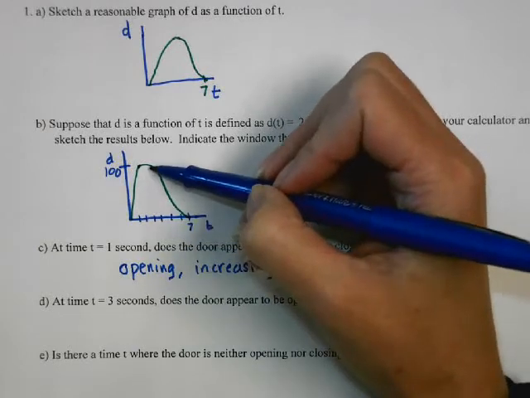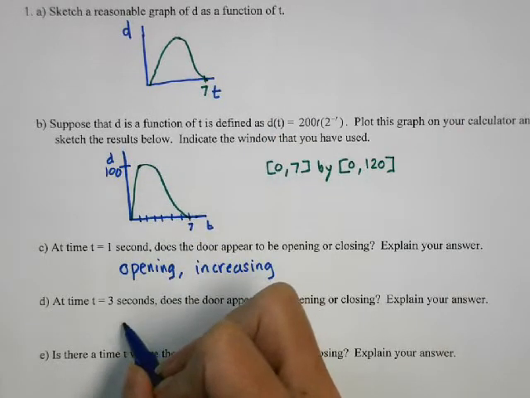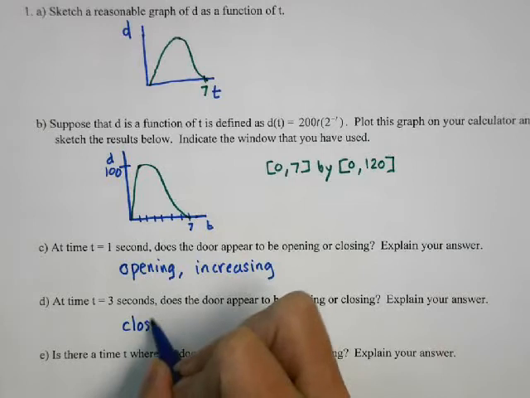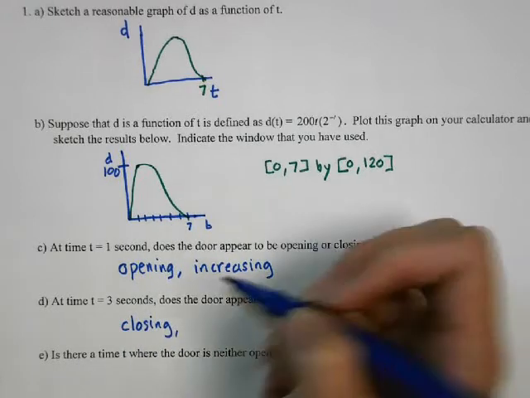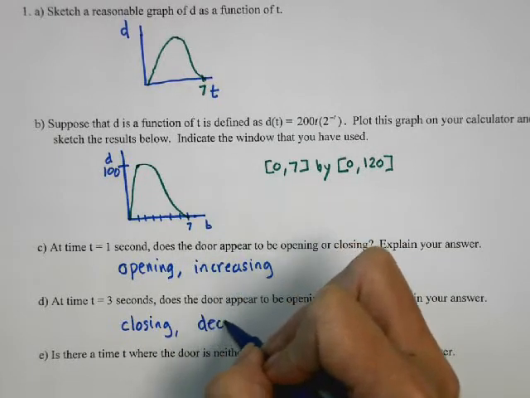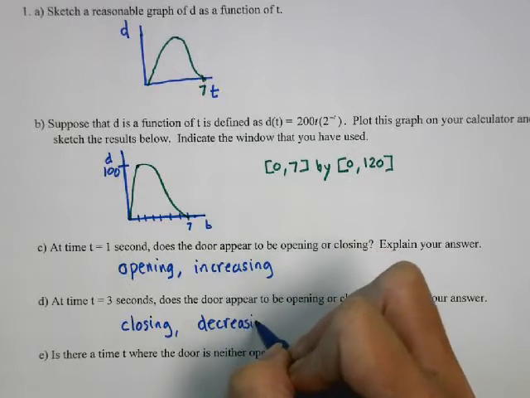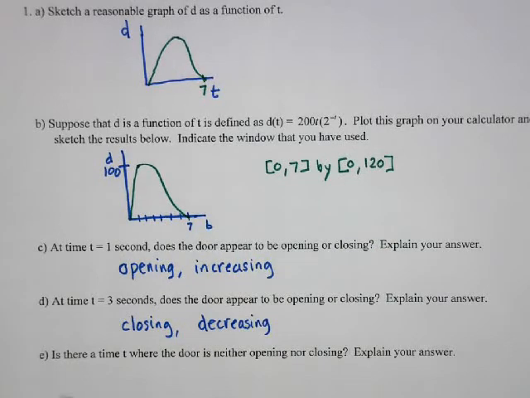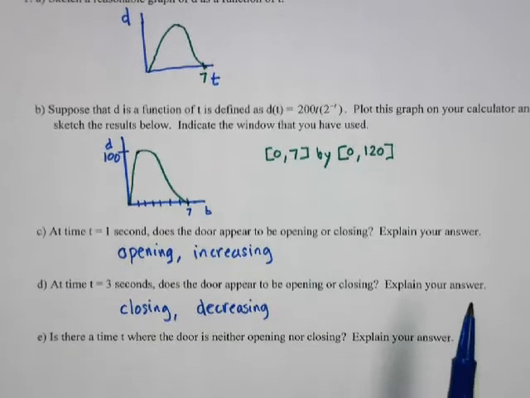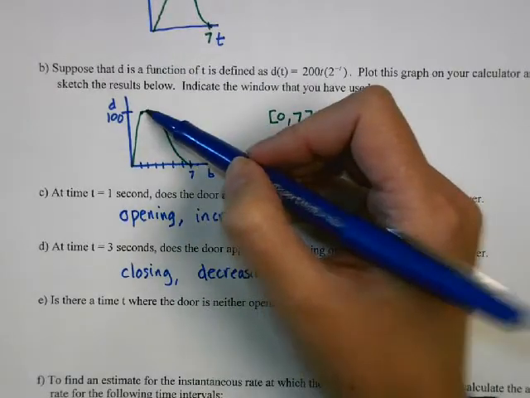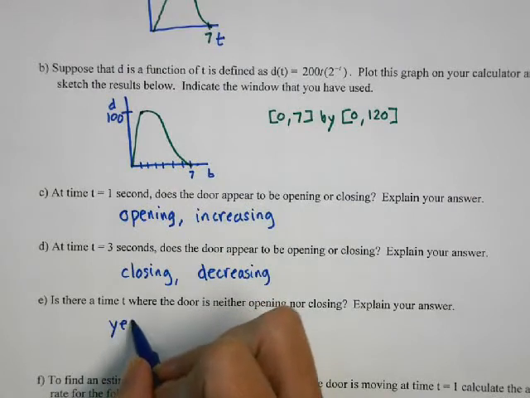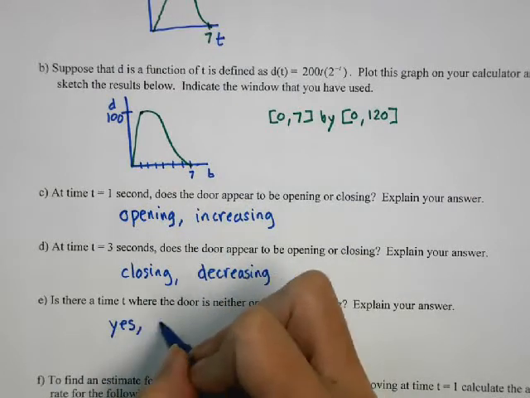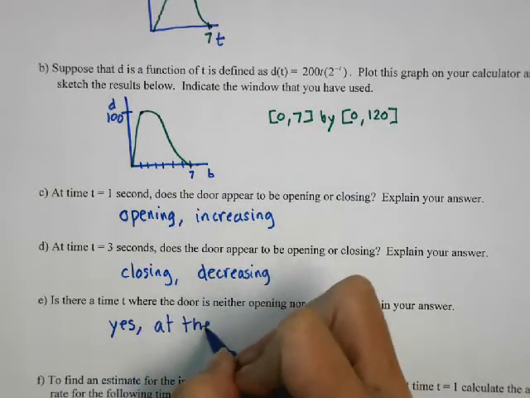Time equals 3, we're on the decreasing side of the graph. So we're going to say it's closing because the degrees are decreasing. And then it says, is there a time when the door is neither opening or closing? And that's going to occur at the maximum. So yes, at the maximum.